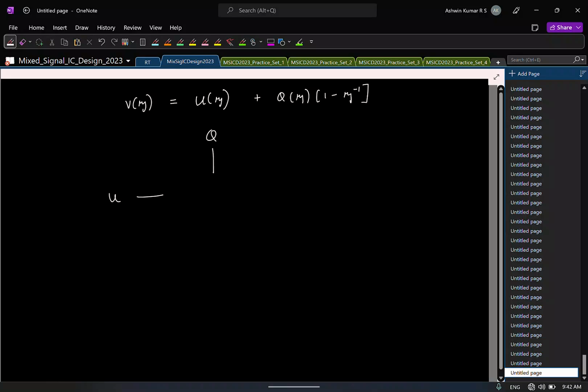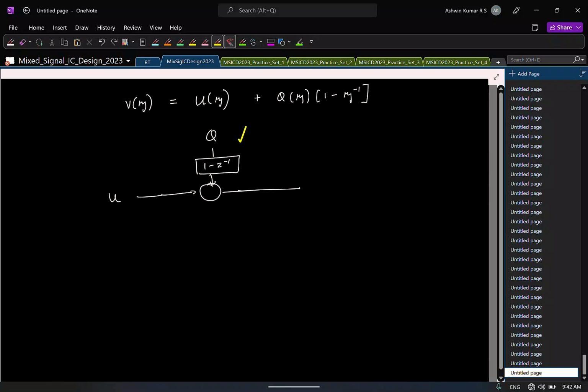At the output I want this. So what is the simplest way in which I can realize this if I have access to both U and Q? Multiply Q by 1 minus Z inverse. Right, that's all. This is the most straightforward thing one can do.